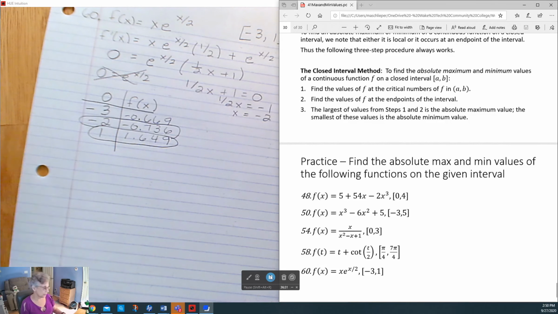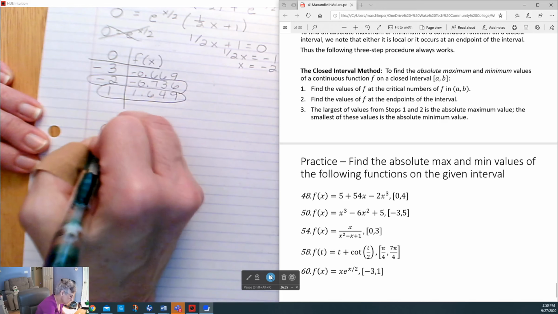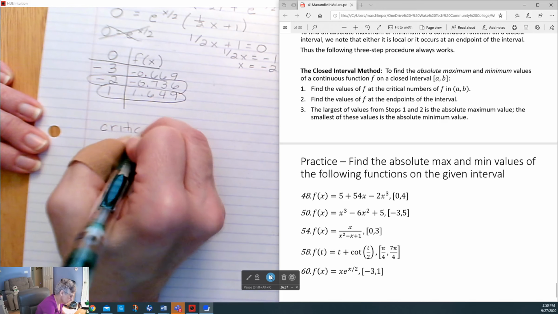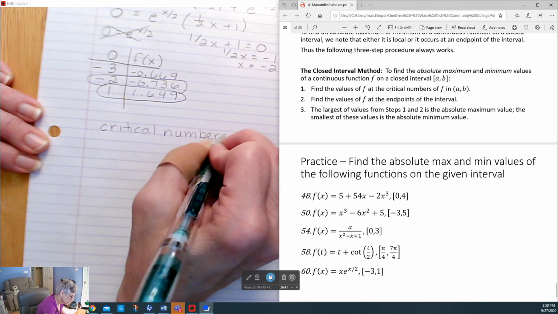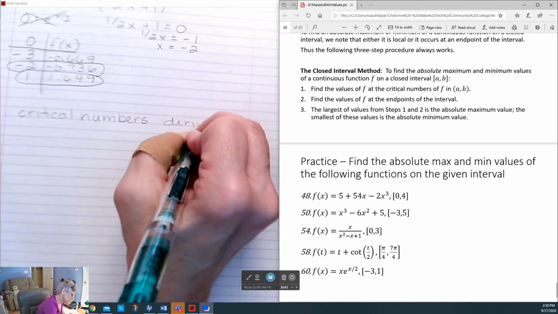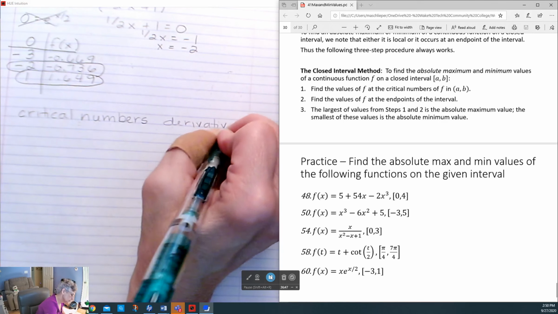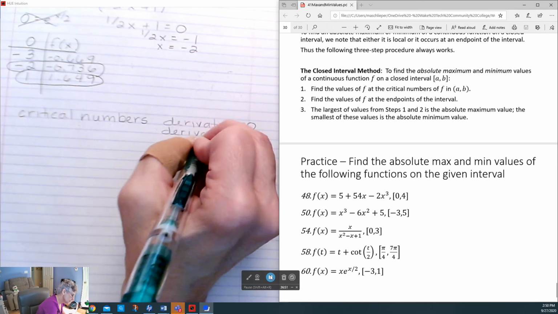Okay, so just a quick summary. Today we learned about maxes and mins. Important things are critical numbers, which are when the derivative is 0, or the derivative does not exist.